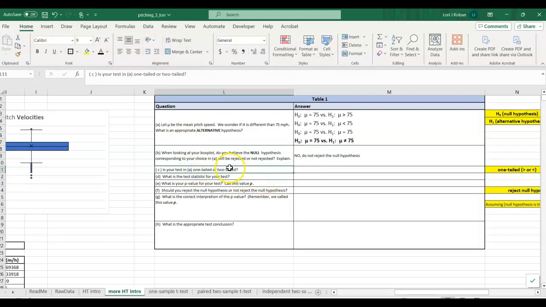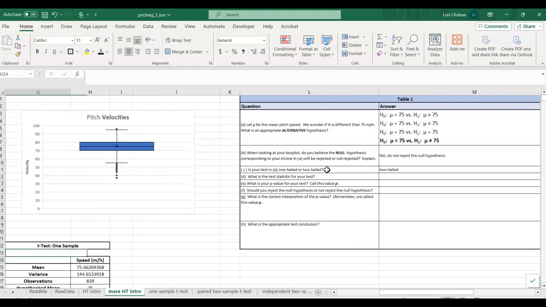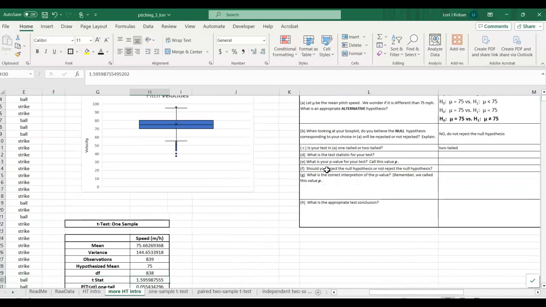Is your test a one-tailed or two-tailed, where the alternative hypothesis is not equal? It's two-tailed. What is our test statistic? Let's go down and look here. Remember, this is our sample statistic from the data. Sample statistic. That is the sample mean.